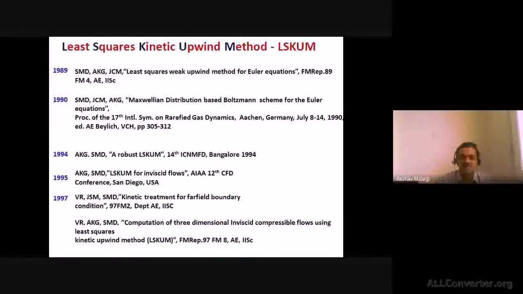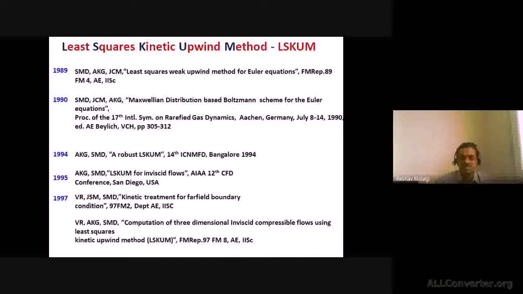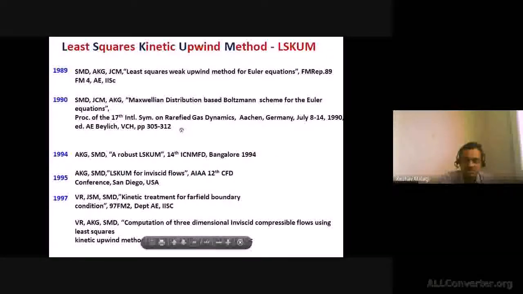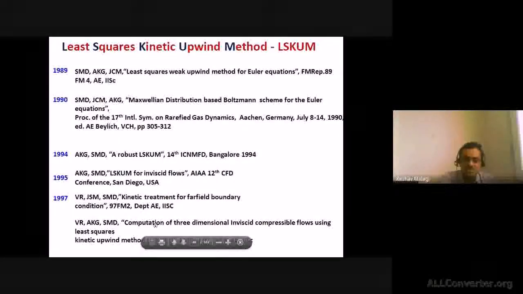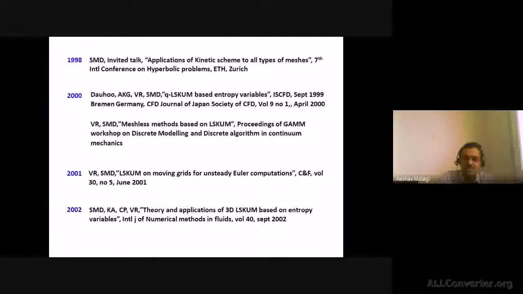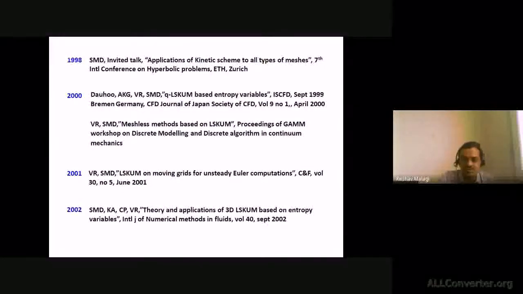and the first publication, an FM report in IISc, dates back to '89. Dr. A.K. Ghosh worked on that, and they showed that they can solve Euler equations using this meshfree method and generate very good results. And from then on, a continuous stream of work has been put in, and in about '97 or so we had the first 3D computation by my colleague Dr. V. Ramesh, and then various developments took place, showing the capability of the method, and then developing higher order methods using that, and then moving grids and unsteady problems were also solved using that.